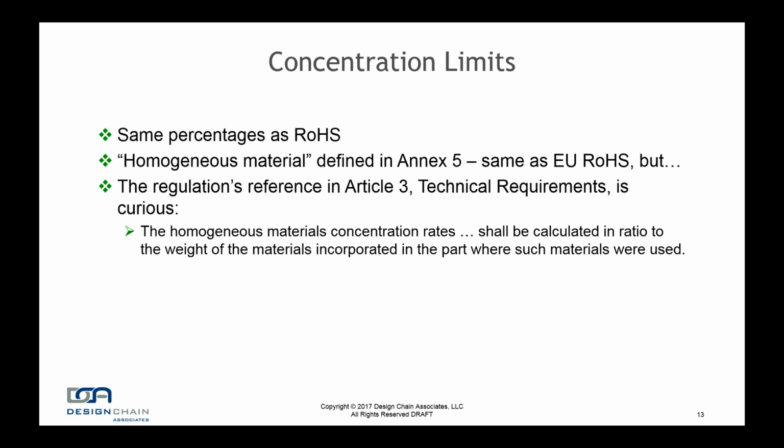While this probably says the same thing as the EU RoHS directive in terms of defining how to interpret homogeneous materials, the draft actually said it much better. I don't have that language in front of me, but I was curious that they changed that.